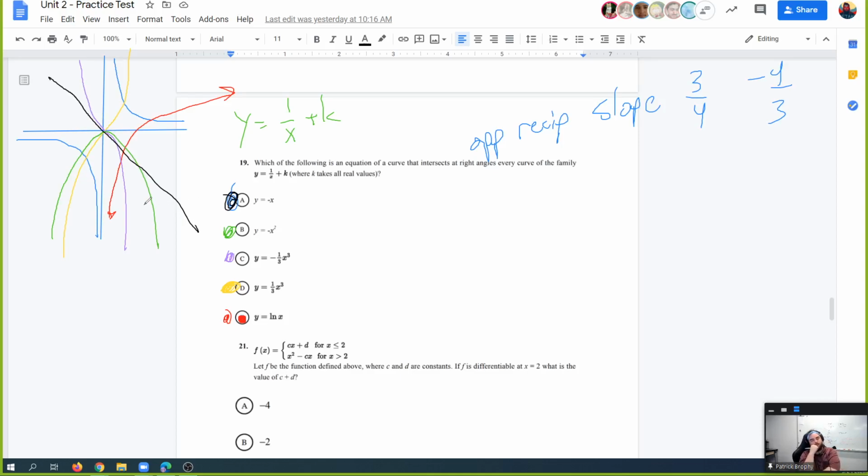All right? Every curve of the family. So it would have to intersect every curve. It can't be this one, because this doesn't even intersect the parent function where k is 0.